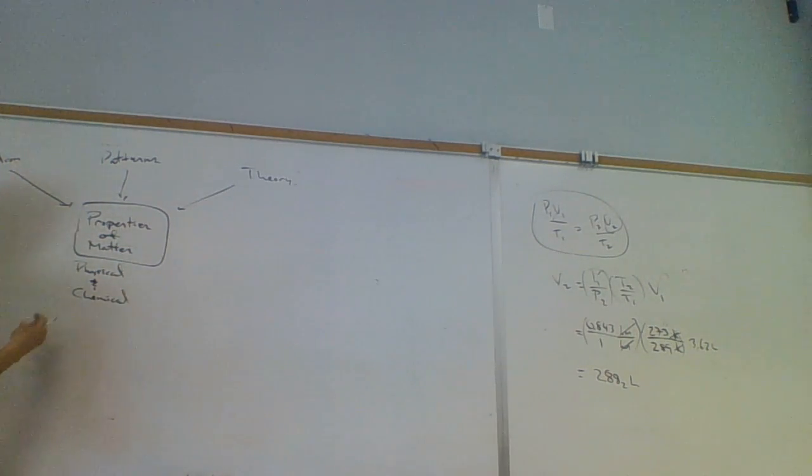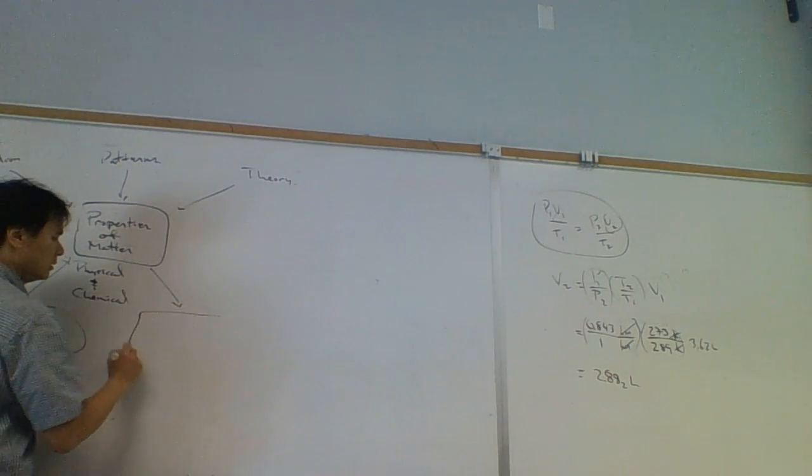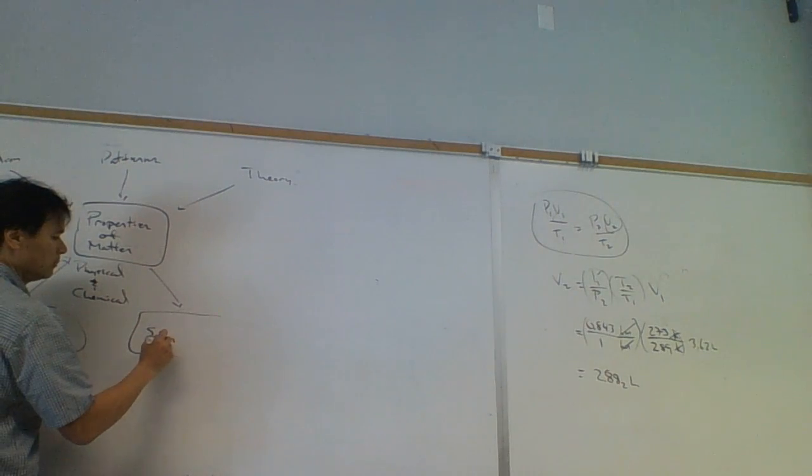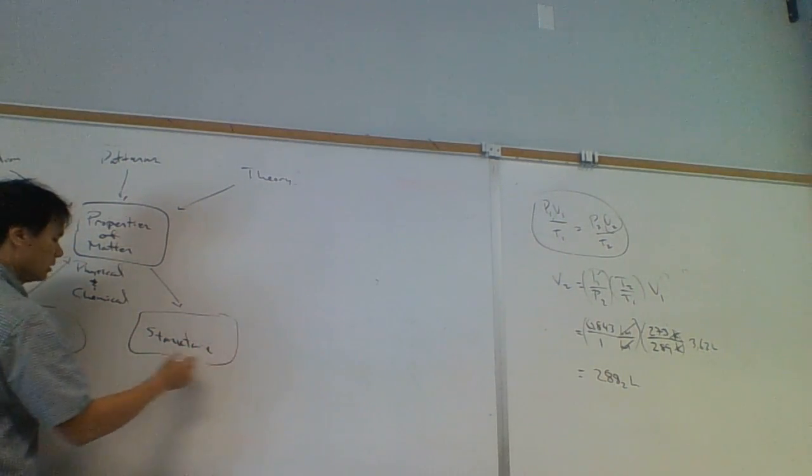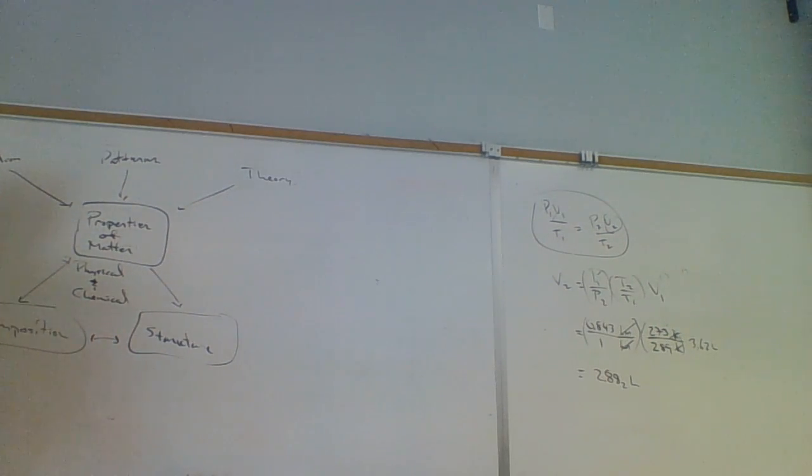Actually, they were predicting because the properties of matter are based on the composition and what? And the structure. And so the theoretical chemists were looking, okay, with this composition and this structure, that's a good candidate for the blue LED. So then some experimental chemists would come and try to synthesize that.